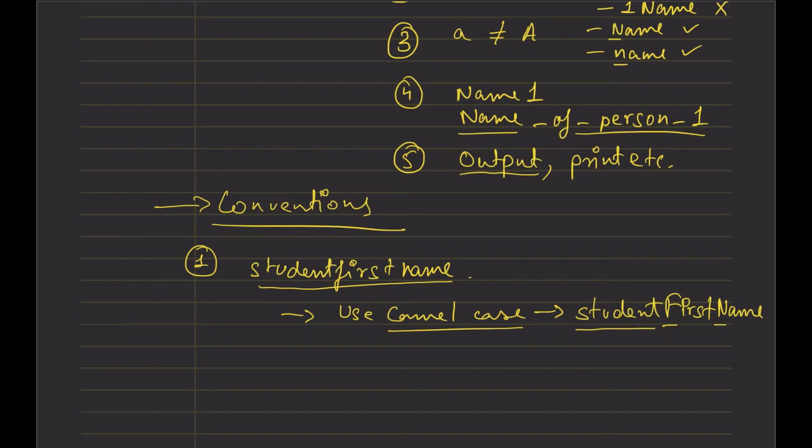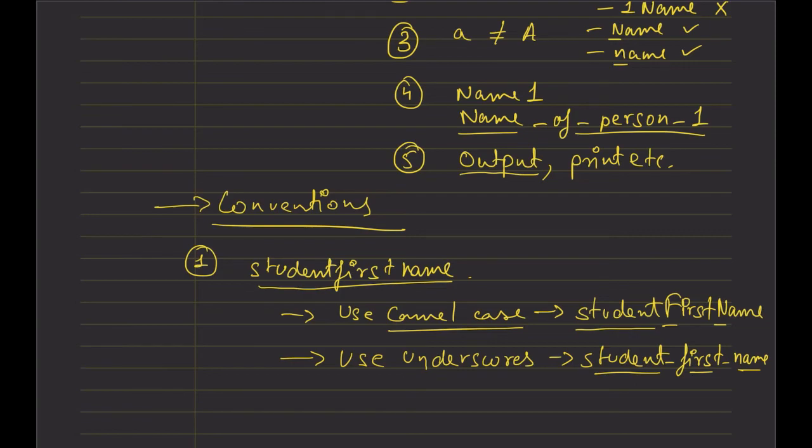So this convention is called the camel case convention. Or you can use underscores to differentiate different words. For example, I can write the same name like this: student_first_name. Here you can see all the words can be differentiated.